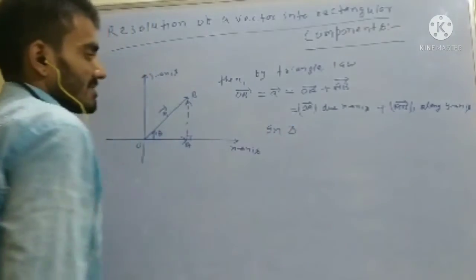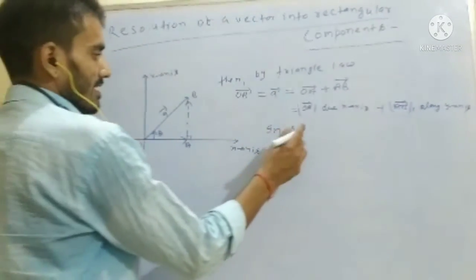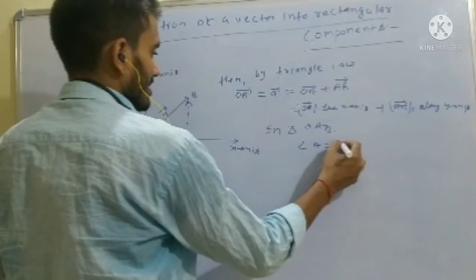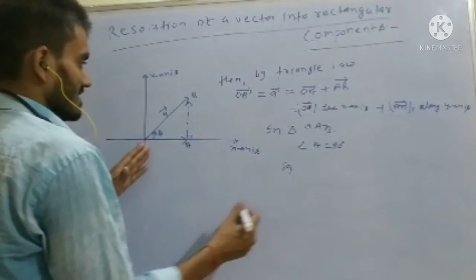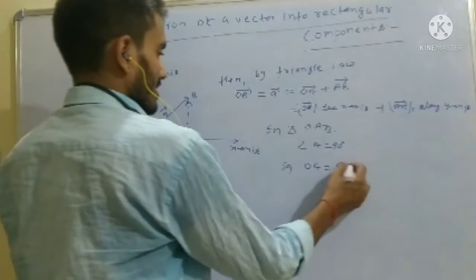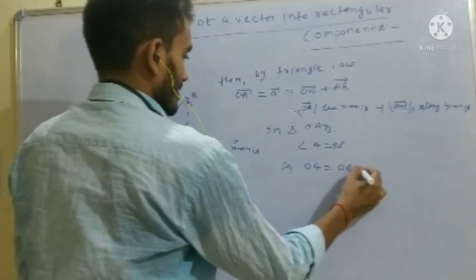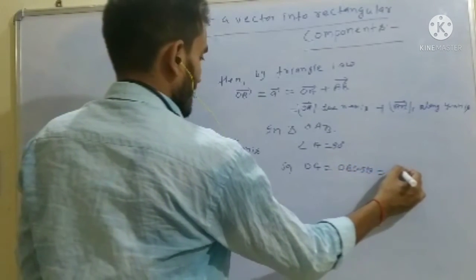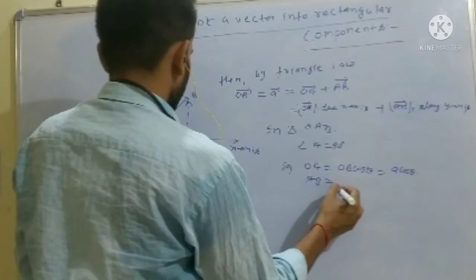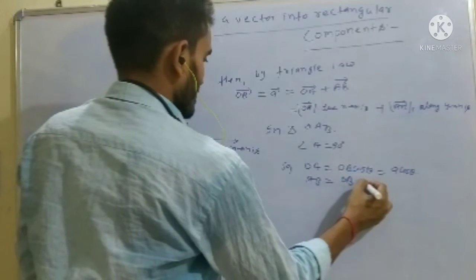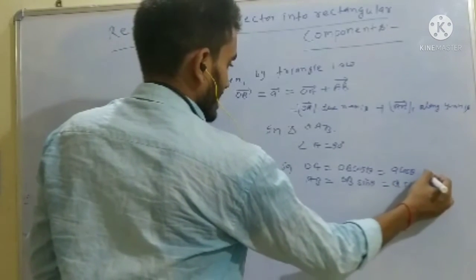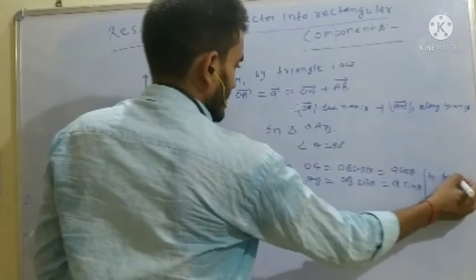In triangle OAB, angle A equal to 90. So OA equal to OB cos theta equal to A cos theta, and AB equal to OB sin theta equal to A sin theta, by trigonometry.